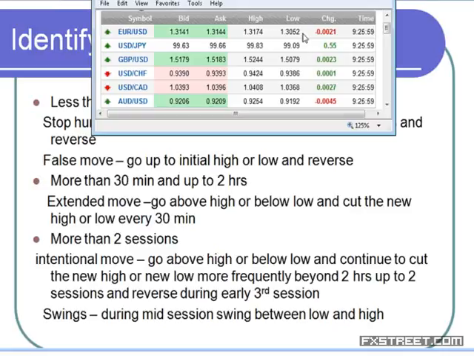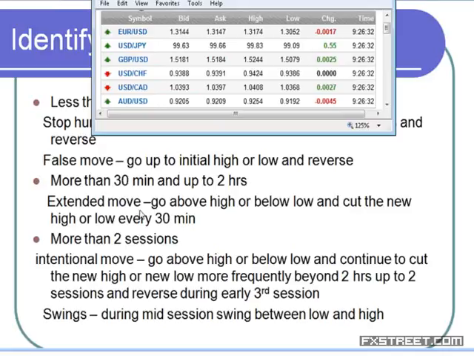Whereas in the extended move, they breach the initial low and stay below that initial low for more than 30 minutes. In the case of GBP, now they just breached the initial high, 1.5160, and stayed above that initial high for more than 30 minutes. Then they will hold up to 2 hours. Okay?